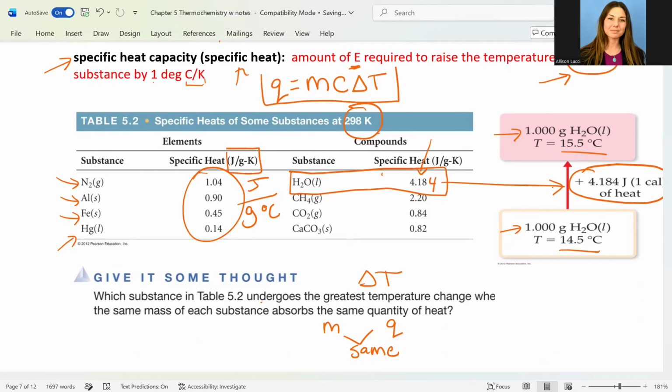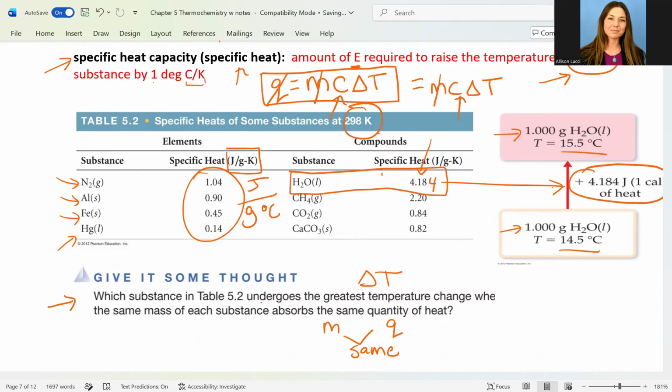This equation is where I came up with that summary that the lower specific heat capacity would have the greater temperature change. If we set two of these situations equal, we know that Q is constant, and mass is also held constant. The only thing that is different would be the specific heat capacity.